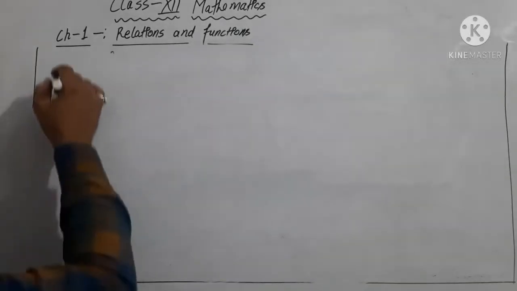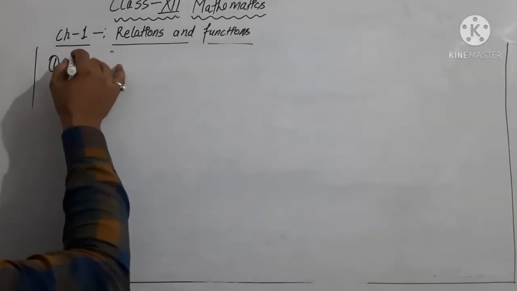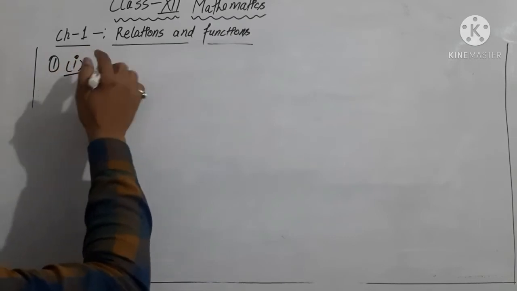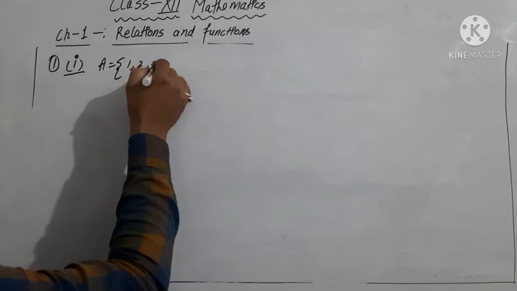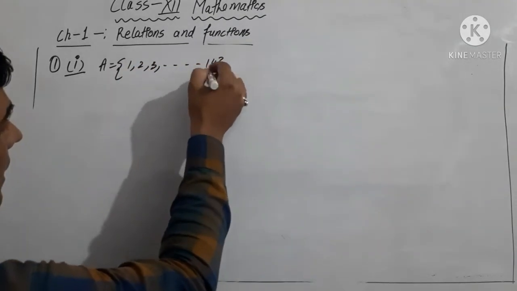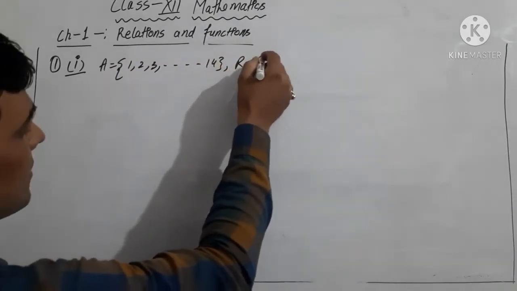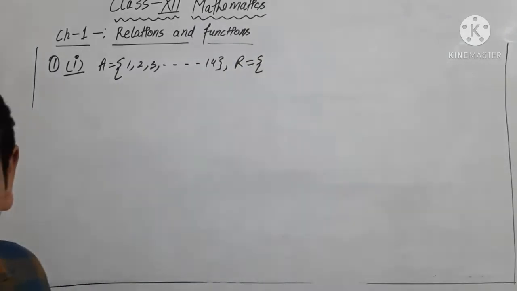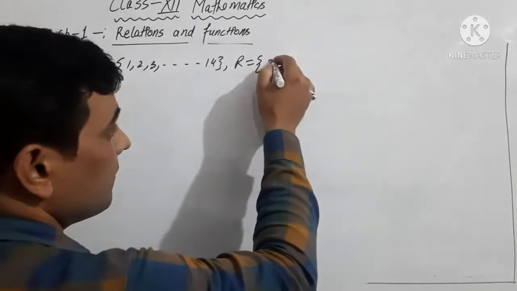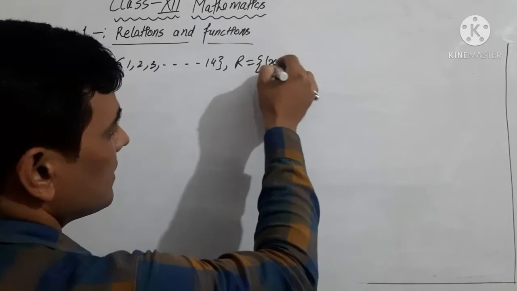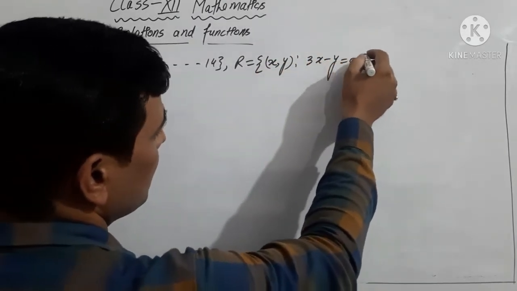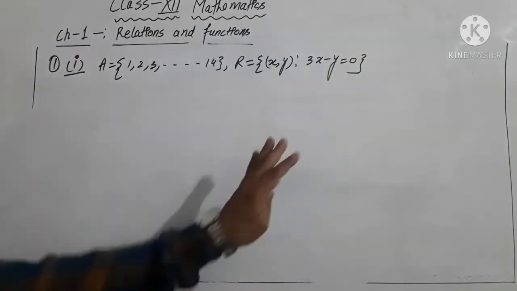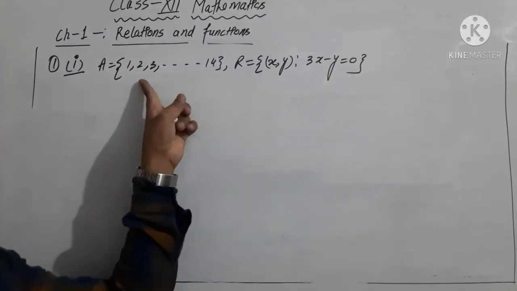So question number 1, first part. In this part a set is given which is 1, 2, 3 up to 14, and a relation is also given which is of the form (x, y) such that 3x minus y equal to 0. This is the relation and R is in the set A.